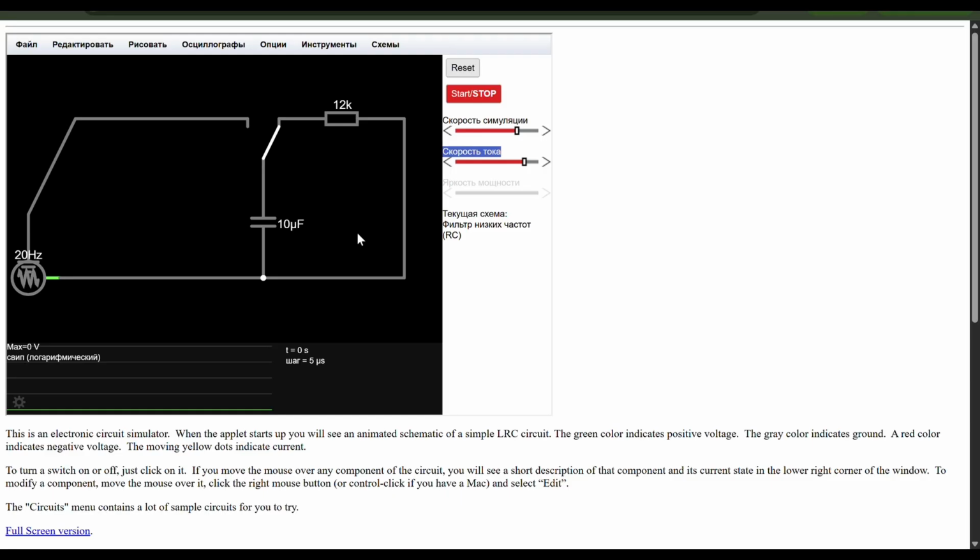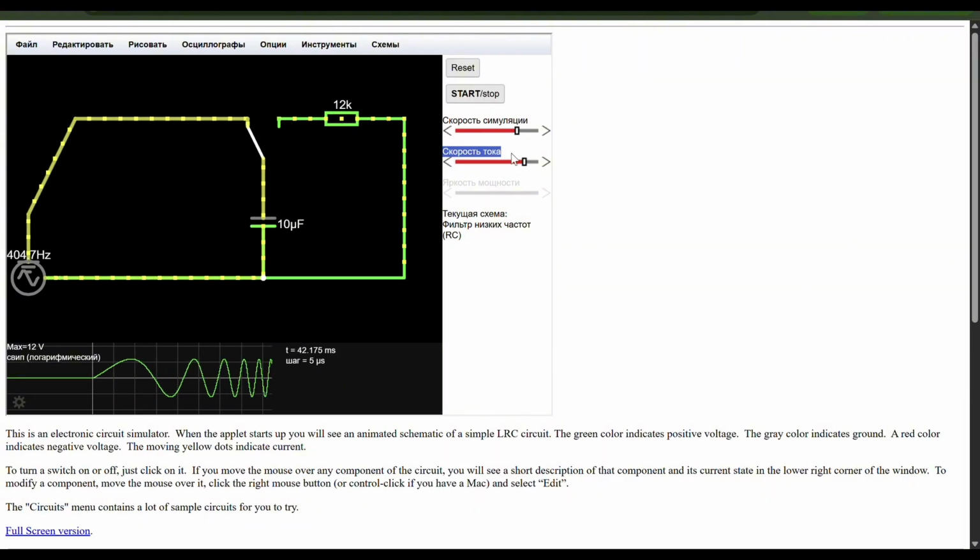After some time it will decrease. There will be less and less charge. So yeah, I will start it.